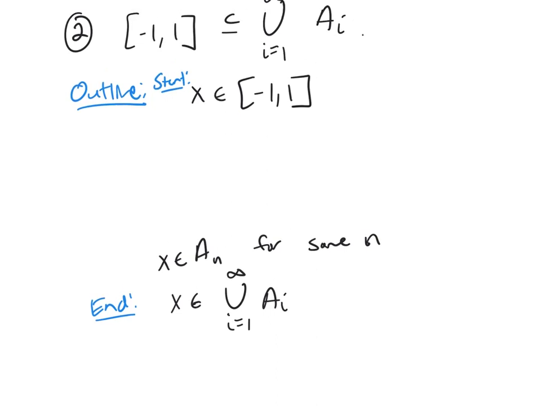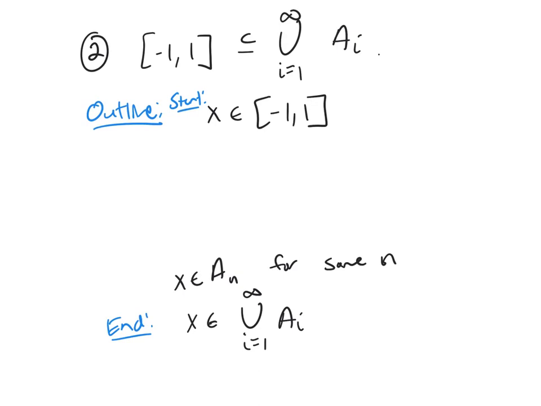But remember what we did earlier. Remember, our sets are shrinking. So our largest set came from when our subscript was 1. So remember that A_1 was the interval -1 to 1. So if x is in my interval, x is in A_1.